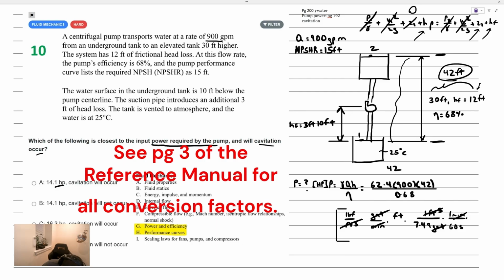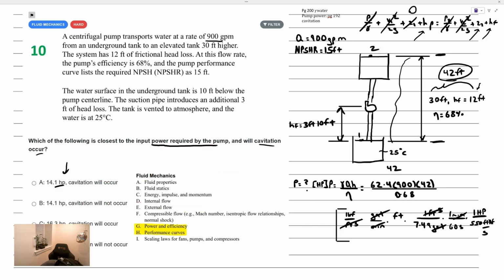And you could see that some of our power options here are measured in horsepower. There are 550 foot-pounds per second contained in a single horsepower. So that is an important one. Sorry, foot-pound force per second contained in a horsepower. Okay, so you can see that the second in the denominator of the denominator and the second in the numerator's denominator are going to cancel.